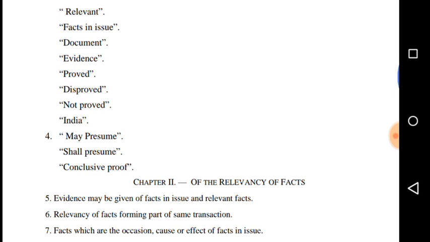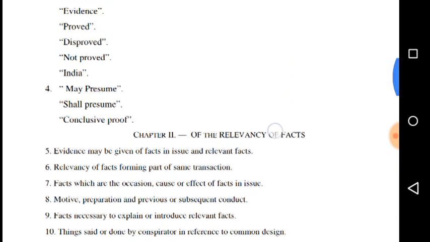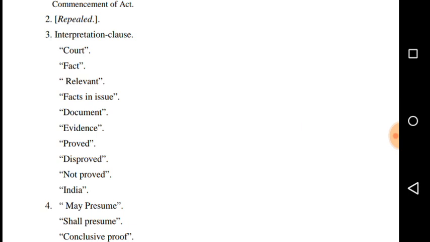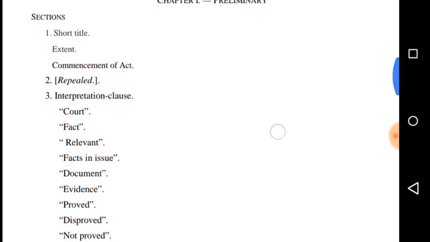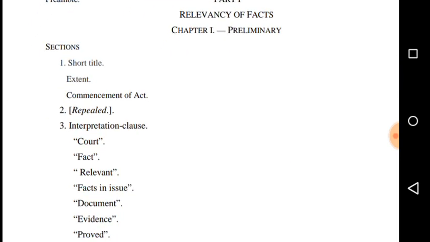After this, section 4 provides the definition of may presume, shall presume, and conclusive proof. Then chapter 2 provides for the relevancy of facts. Today in this video I'm going to read the interpretation clause and, of course, chapter 1, that is preliminary.